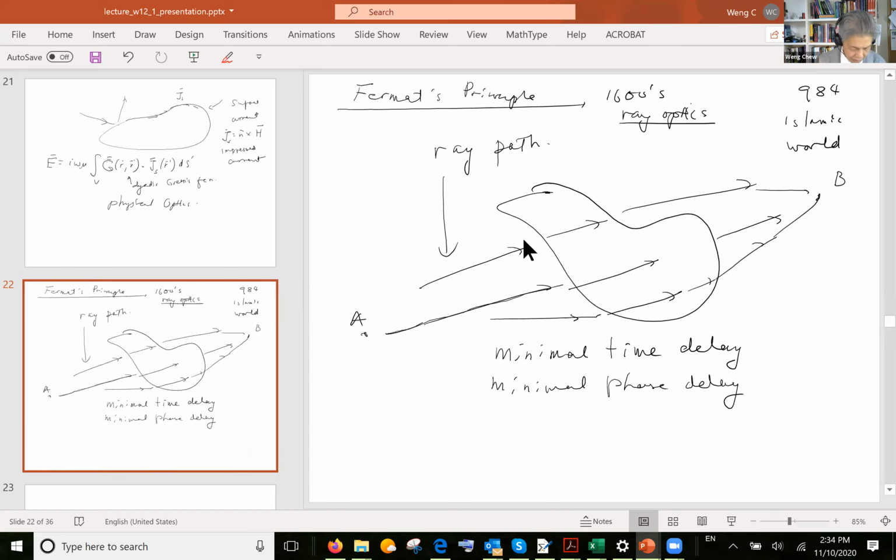So if you don't have a question, I will apply a very simple application of this Fermat's principle.